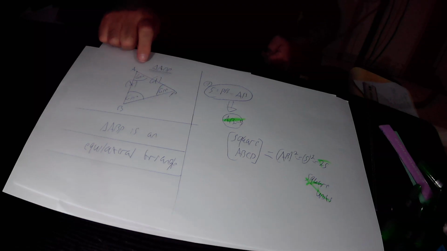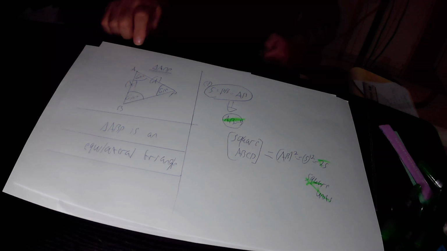Therefore, the missing angle must be equal to 60 degrees, according to the rule that the sum of the angles in any triangle is equal to 180 degrees. Triangle ABP has three angles that are all equal to 60 degrees in their sizes, and therefore triangle ABP is an equilateral triangle. We know that all the sides of an equilateral triangle are equal to each other.